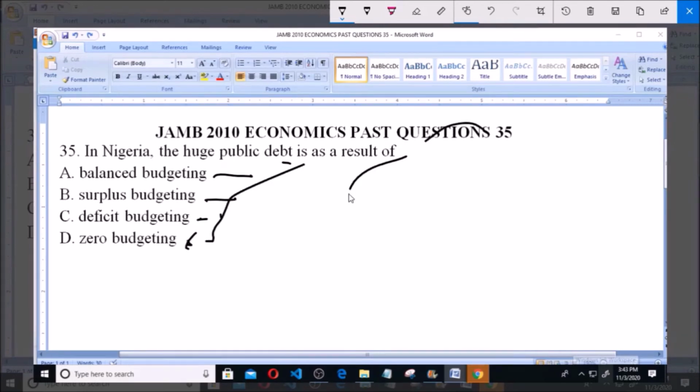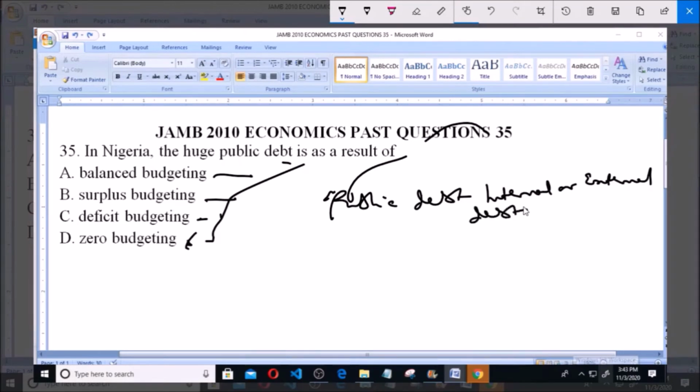Now, public debt could be internal or external debt.